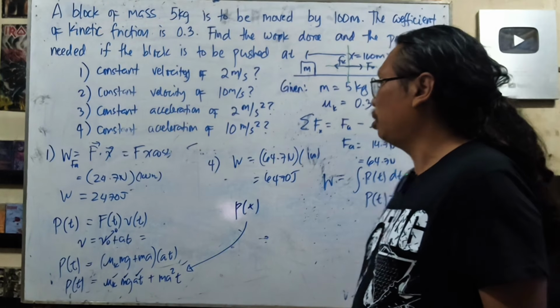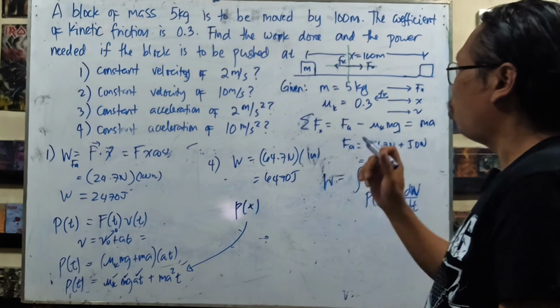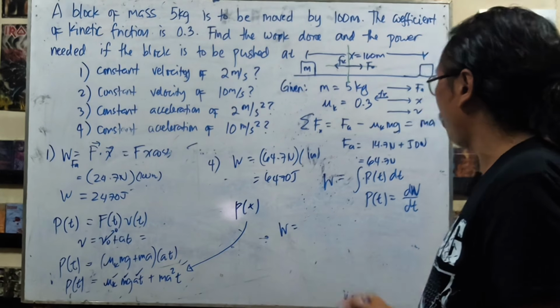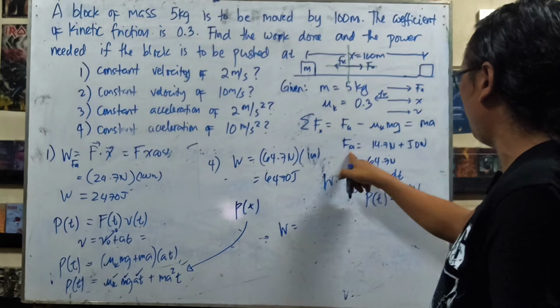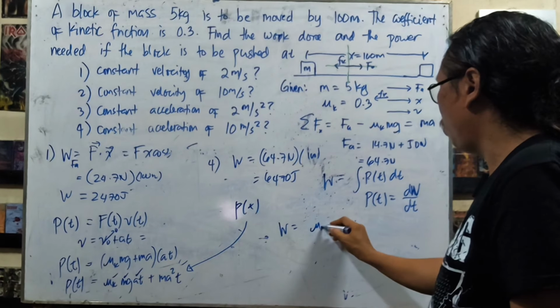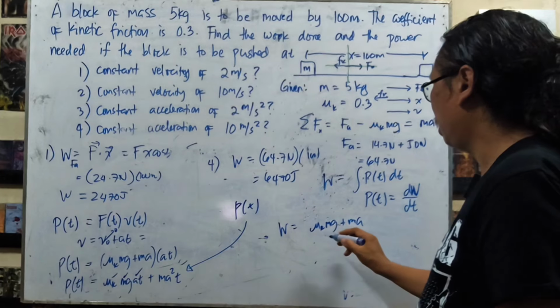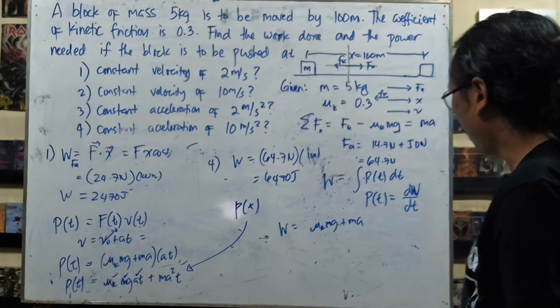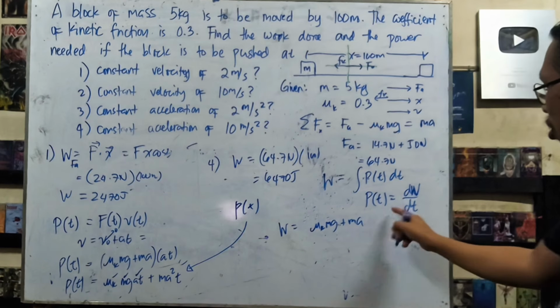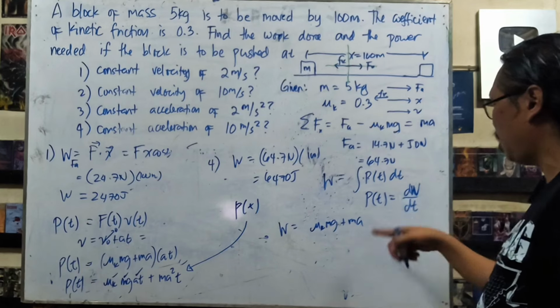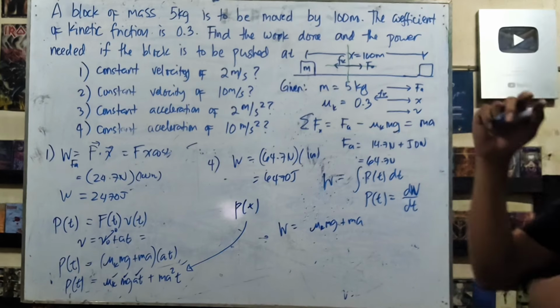Okay, first, what's the work done? The formula for the work done by FA is mu K mg plus ma, times x. So d over dt of this is the power.